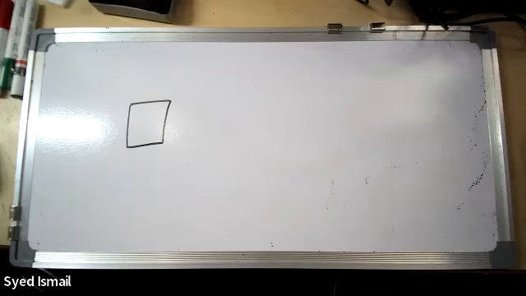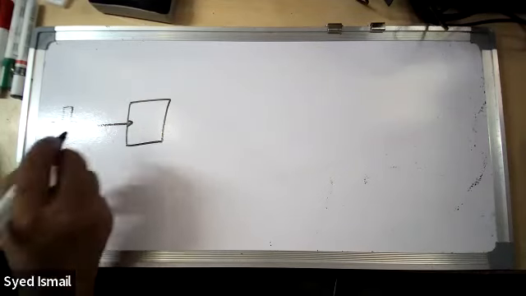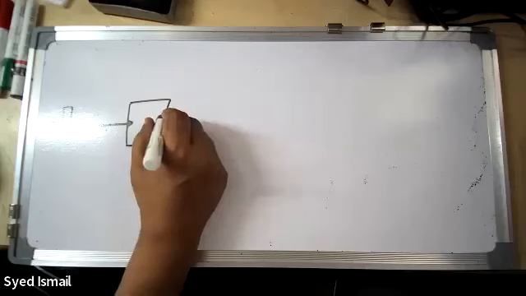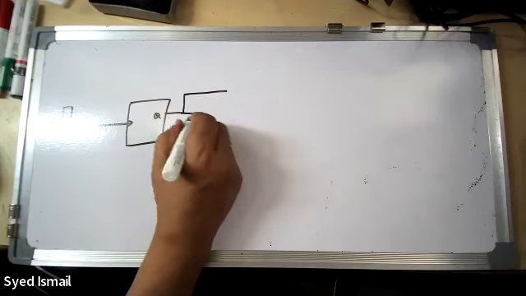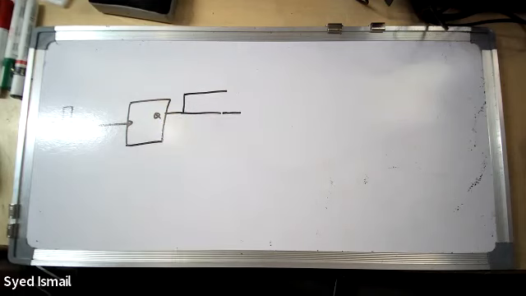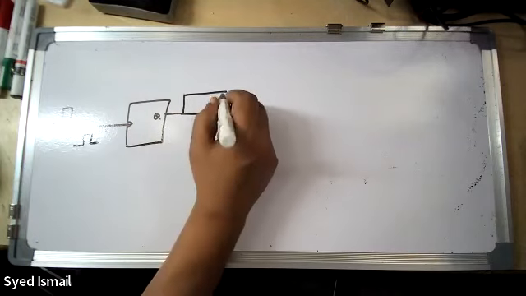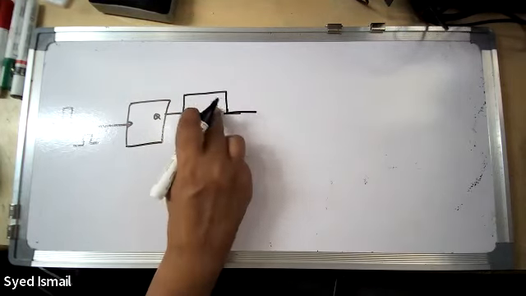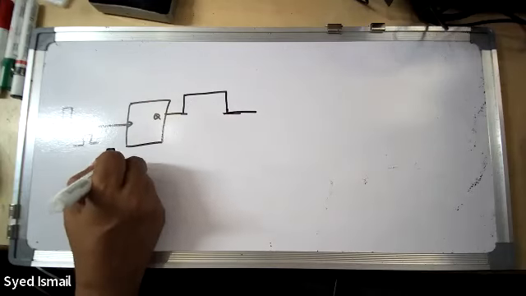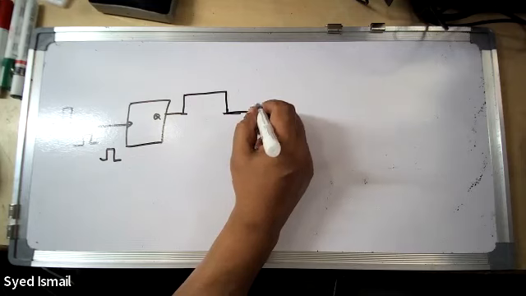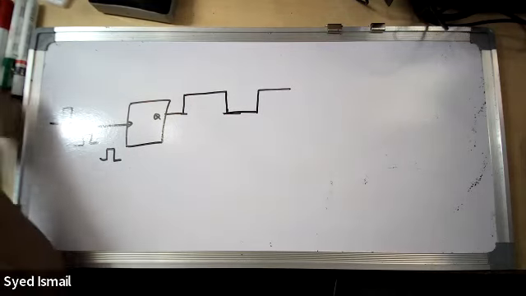The first time I push a button, I want the light to go high, and the second time I push the button, I want the light to go low. Third time I push a button, I want the light to go high. This is what normally we want.